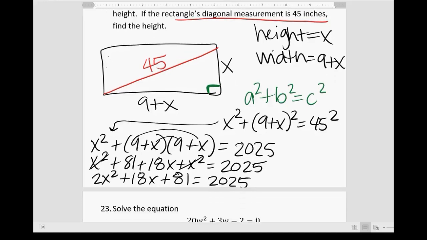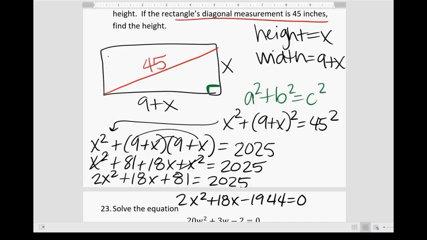From here, you'd want to set it equal to 0. So 81 minus 2025 gives 2x squared plus 18x minus 1944 equals 0. Then from there, you would try to factor that, which would be crazy.